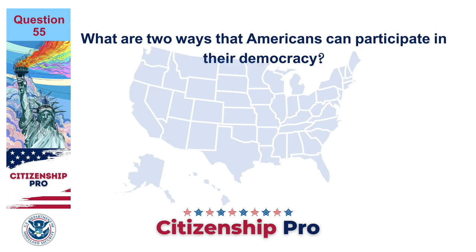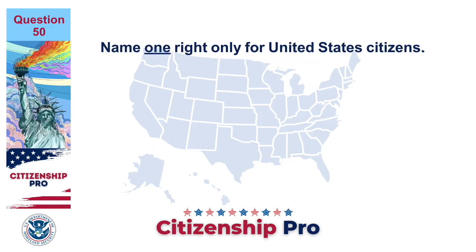What are two ways that Americans can participate in their democracy? Vote. Join a political party. Name one right only for United States citizens.